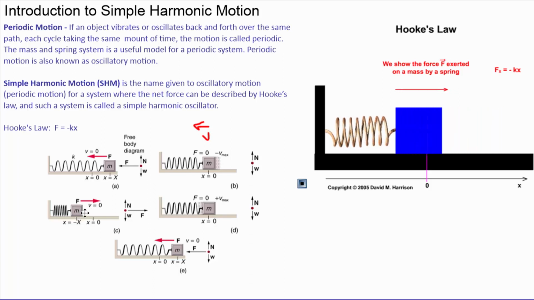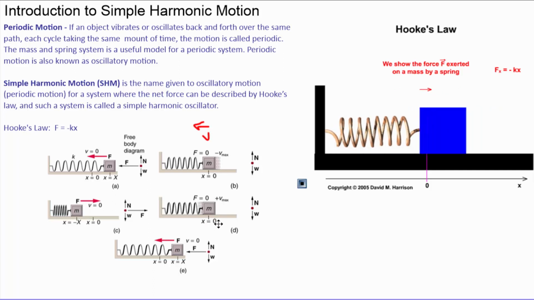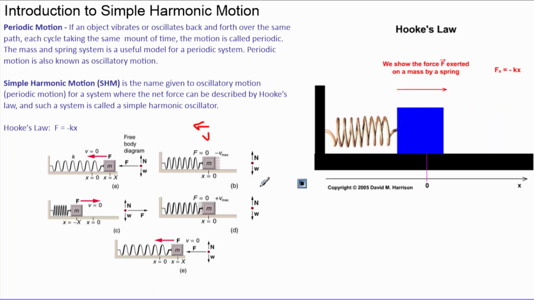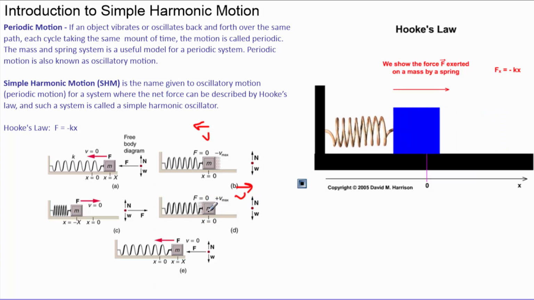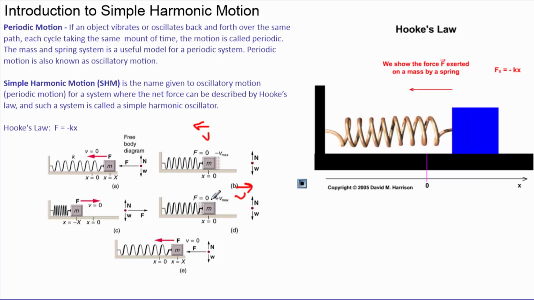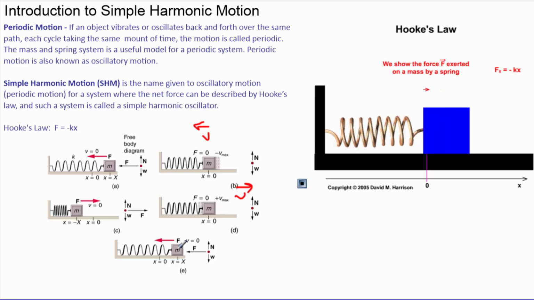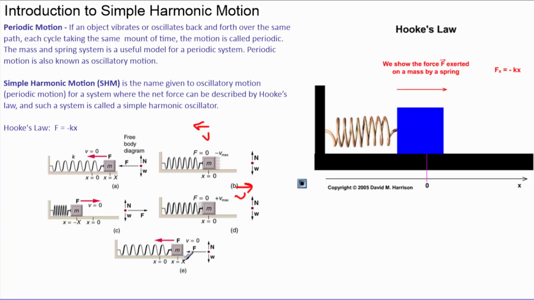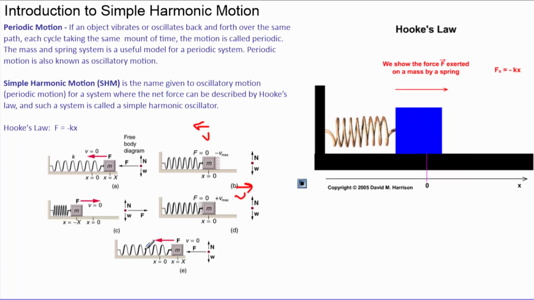That object will then start to head to the right, eventually passing the equilibrium position again. This time it's once again at maximum velocity, but now it's maximum positive velocity because it's headed to the right. Our spring is in its equilibrium position, so the force acting on it is 0. But of course, an object in motion will remain in motion, and it'll eventually get back to its positive displacement, just as it was in position A. And it'll repeat this process over and over again.